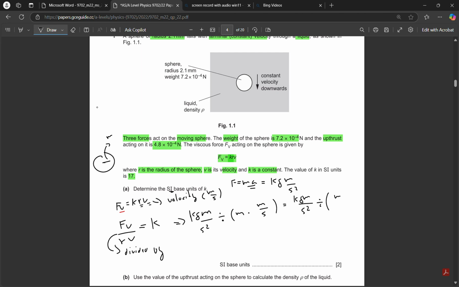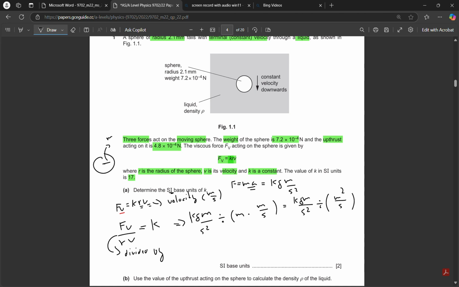meters squared per second. Now, when we are dividing two fractions, the division sign is going to become a multiplication sign.